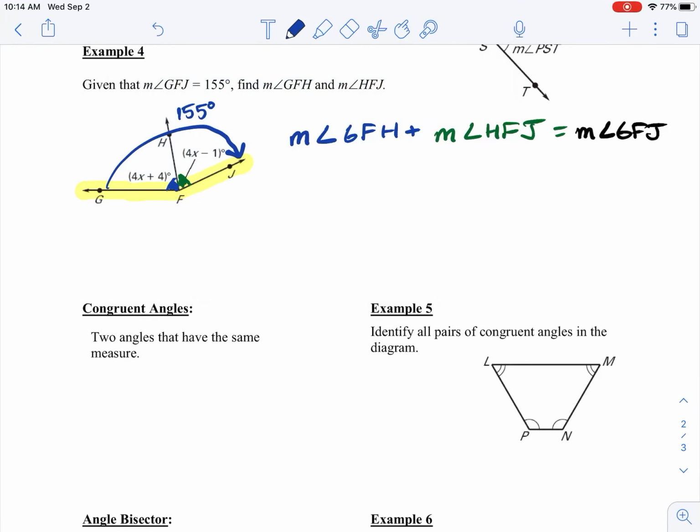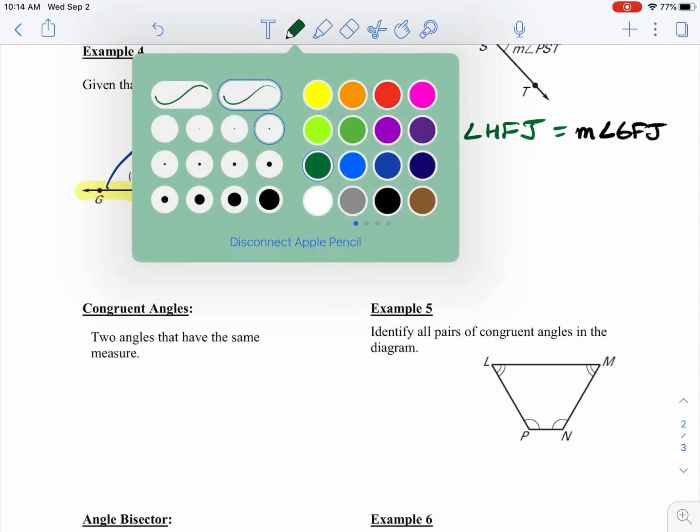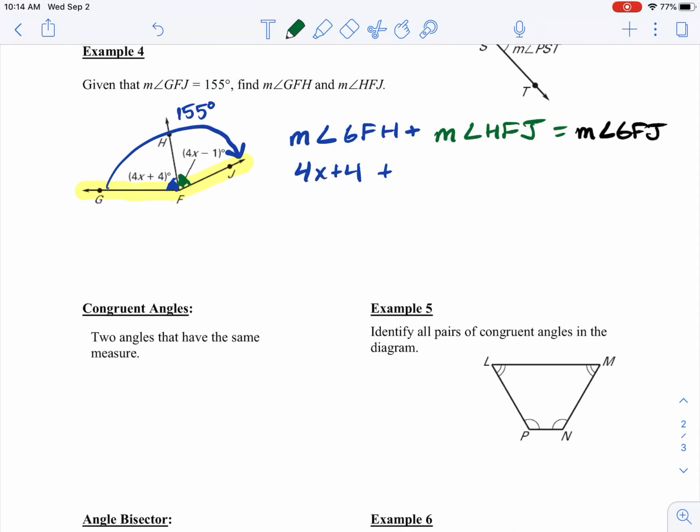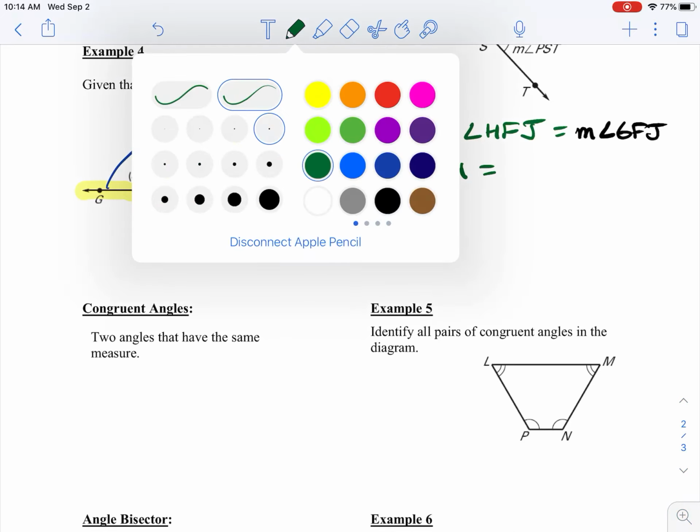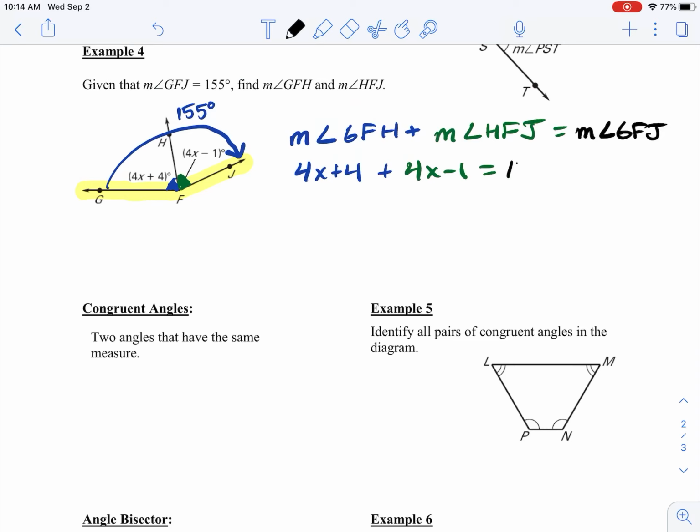All right, so let's sub in some values of what we know. When I'm looking at this blue angle over here, they tell me that it is 4x plus 4. I'm going to substitute what I know in for HFJ, which is this green angle over here, which they say is 4x minus 1. And it is equal to the entire angle, which is 155.